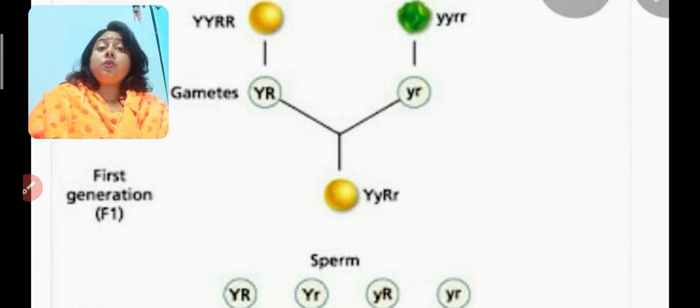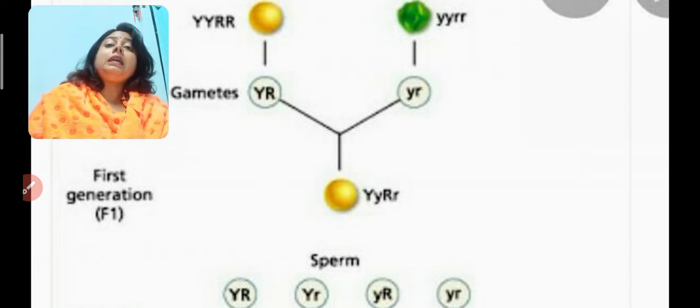So students, what would be the gametes formed from here? For capital Y, capital R, the gametes would be capital Y, capital R. Homogametic, so only one type of gamete. The same for small y and small r: the gametes would be small y and small r, meaning one member from each pair of alleles.